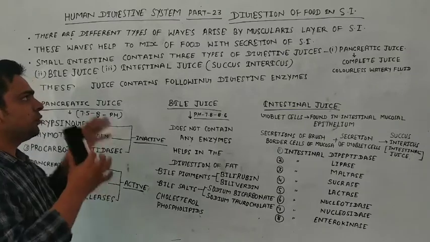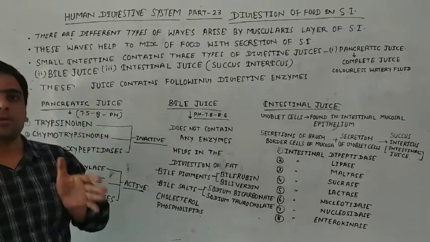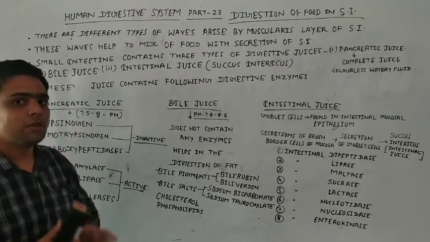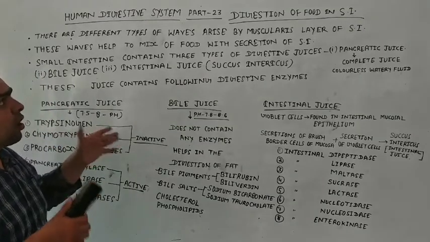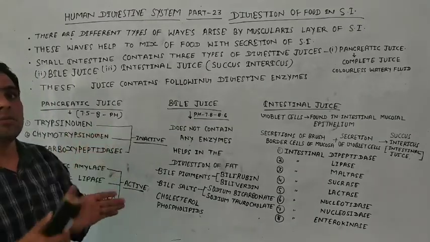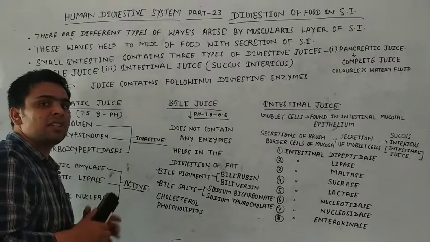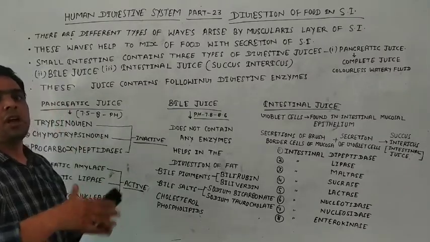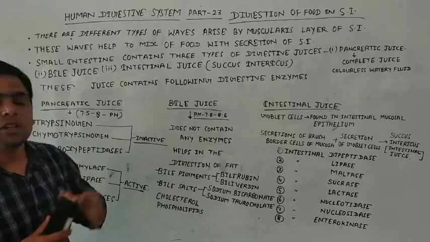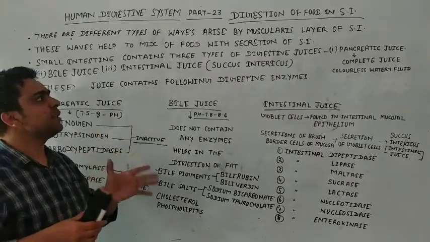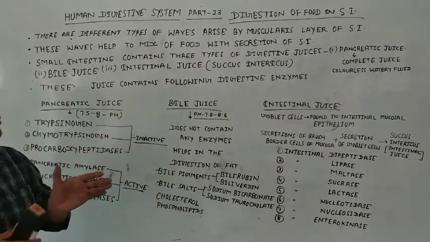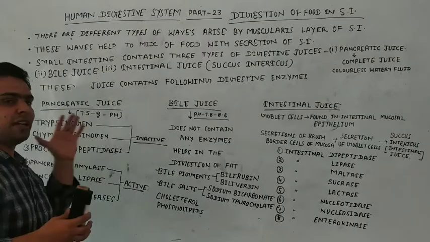We are going to discuss how food which comes after being partially digested in our stomach gets digested in our small intestine. Some basic information related to digestion of food in small intestine is presented here by me.